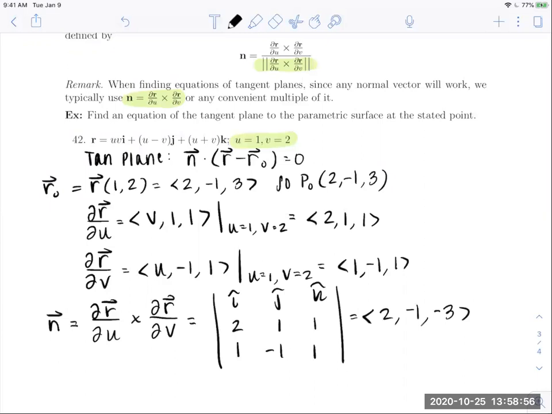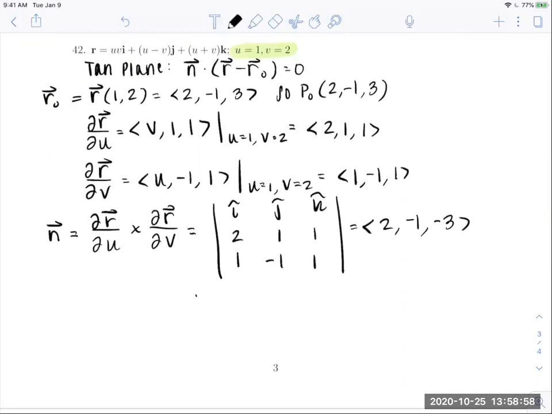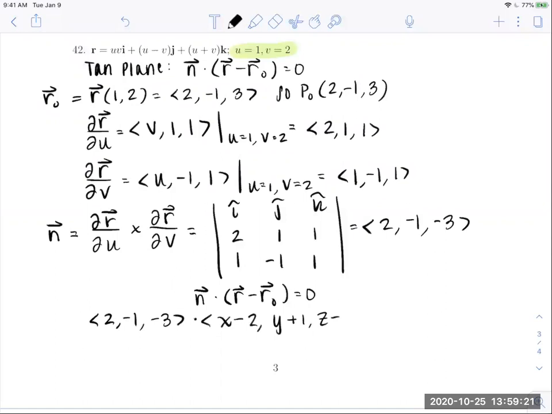All right, so finally, plug it into that formula that I have up above, n dot R minus R naught equals 0. So 2, negative 1, negative 3 dotted with x minus the x coordinate of my point, 2, y minus negative 1, which becomes plus 1, oops, and z minus 3 equals 0.